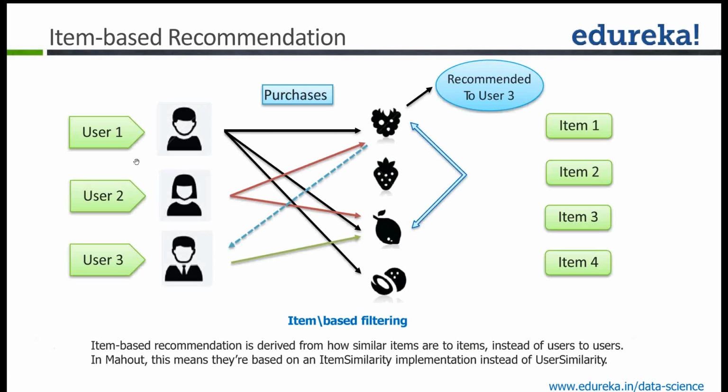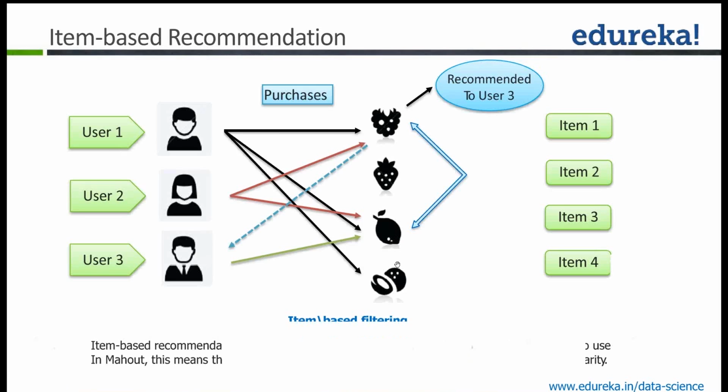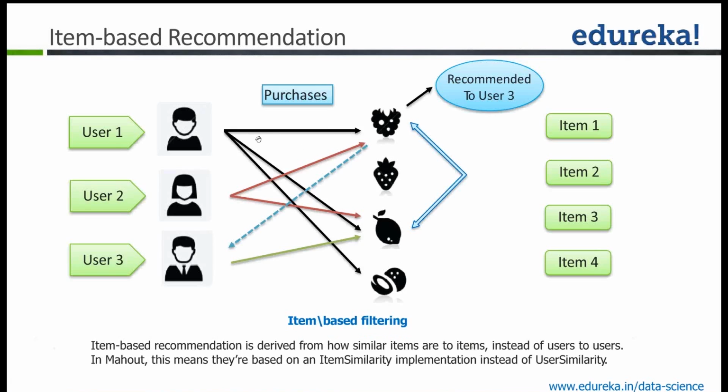In this example, user 1 already purchased multiple items, in this case fruits. User 1 bought 3 different fruits, user 2 bought 2 different fruits, and user 3 bought 1 fruit.